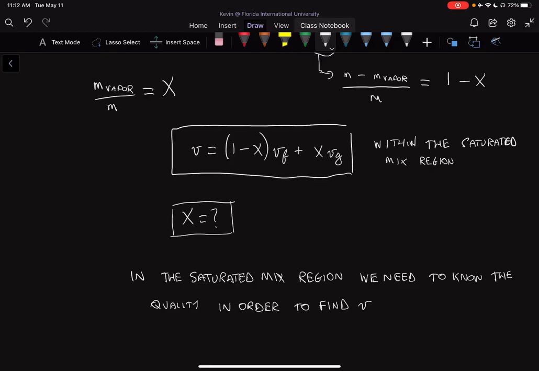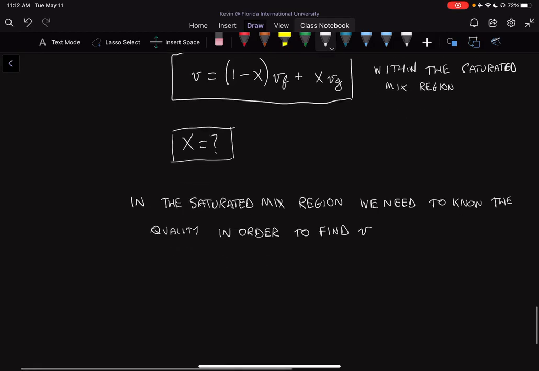So if we have a pressure of 1 atmosphere, looking back at our example from last time, and a temperature of 100 degrees Celsius, how do we find v?